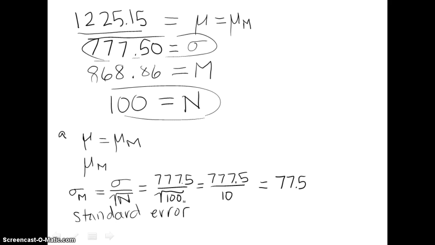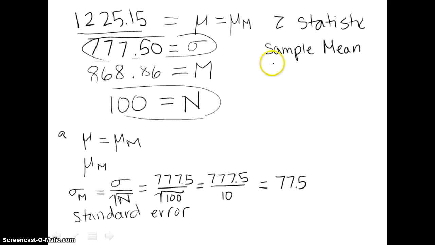For part B, it says using symbolic notation and the formula, we're going to calculate the z statistic. Remember that the z statistic is used when we are making a comparison of a sample mean to a population mean.